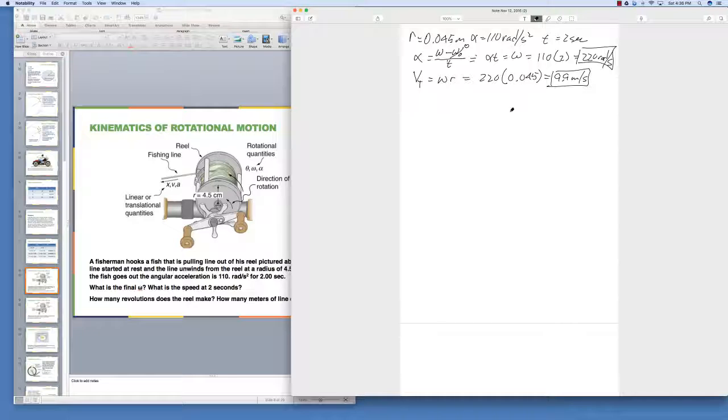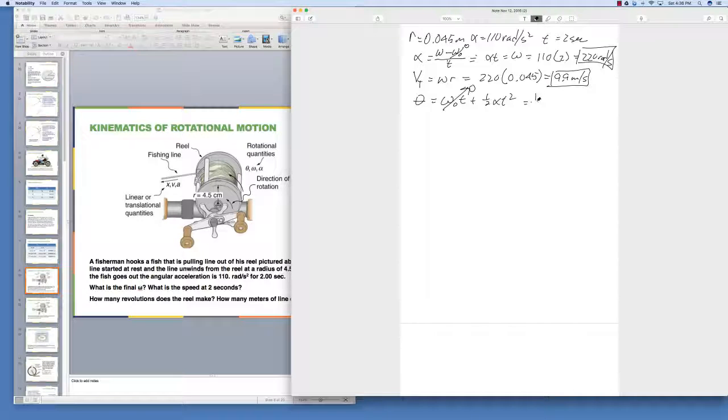The next question is, how much line, or how many meters of line, go out? We use the formula theta is equal to omega 0 t plus 1/2 alpha t squared. Again, omega 0 is 0.